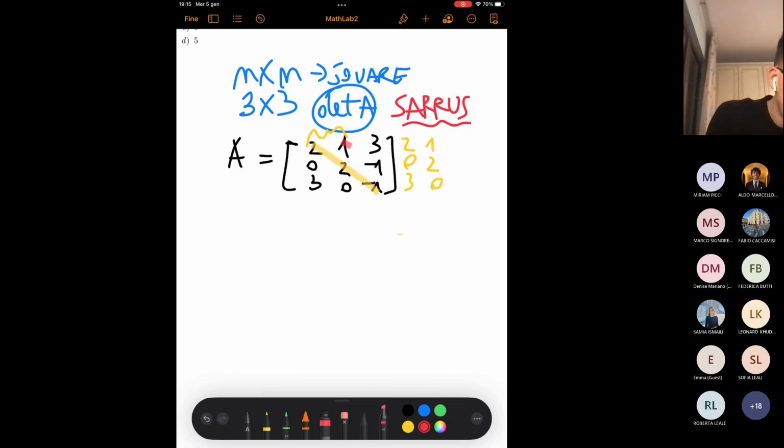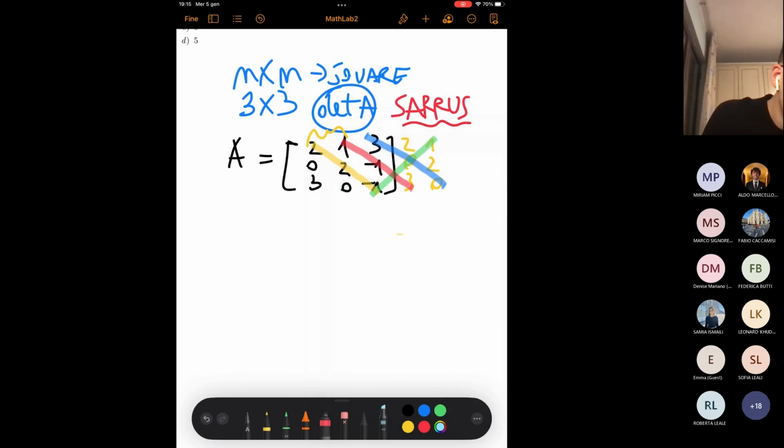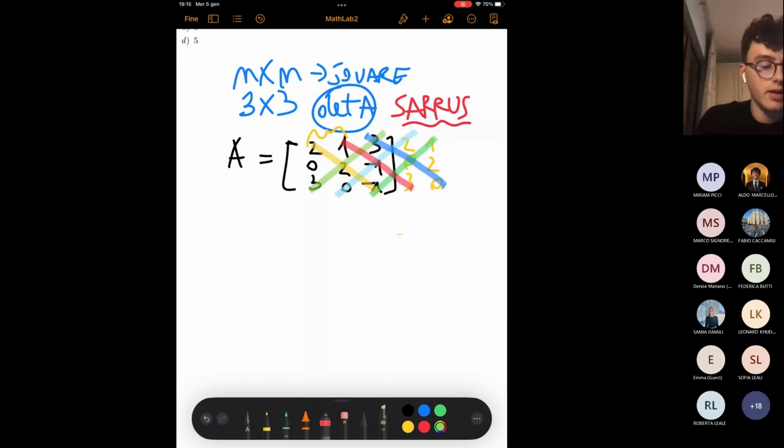So the first diagonal, the second diagonal, the third diagonal, and then the other direction. This other diagonal, and last but not least, the third diagonal here.